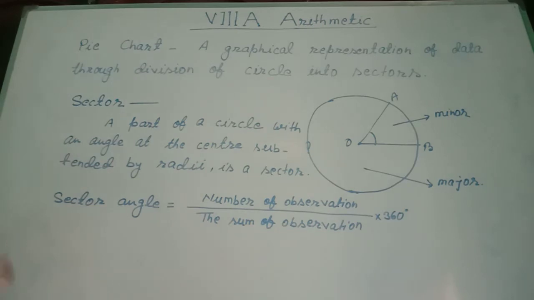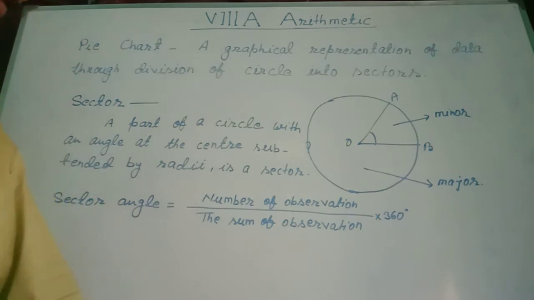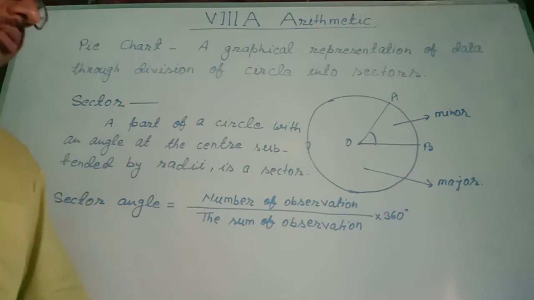Now, how do we represent the data through a circle, dividing that circle into sectors? In the first step, we take a convenient radius to draw the circle. Convenient radius means taking the radius you feel easy to draw the circle.